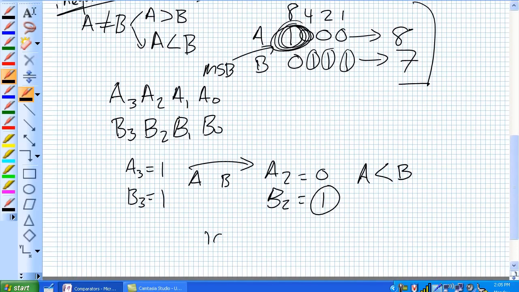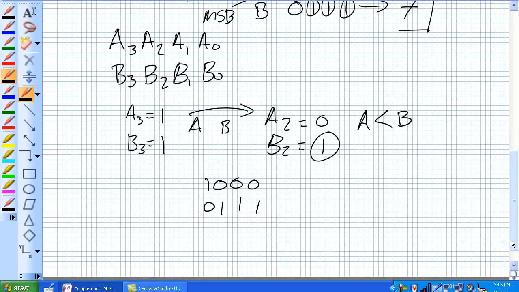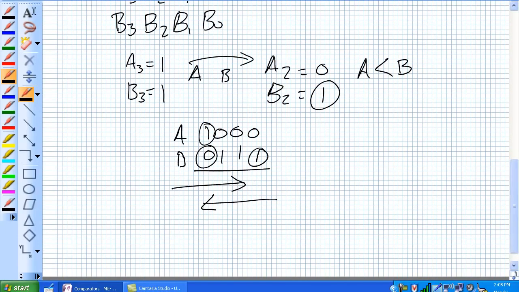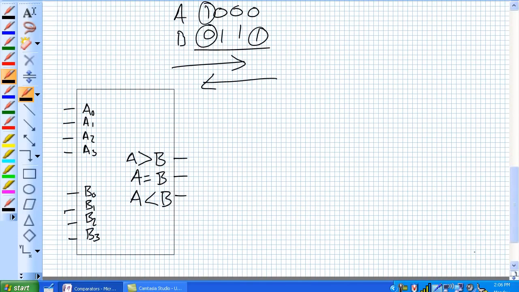Using the example we had upstairs, 1 0 0 0 1 1 1, you walk this way, compare this digit with that digit, and A is greater than B. If we had started with the LSB, 1 is greater than 0, and it just wouldn't work.